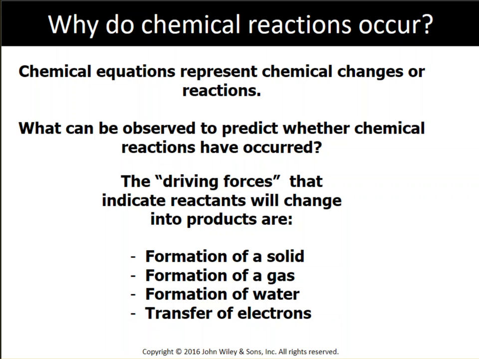Now, these could be evidences that we can see, but if you don't see any change, it doesn't mean that no chemical reaction occurred. In order to see if any chemical reaction occurred or not, we have to write the reaction on paper and see what we expect to get from a chemical reaction.